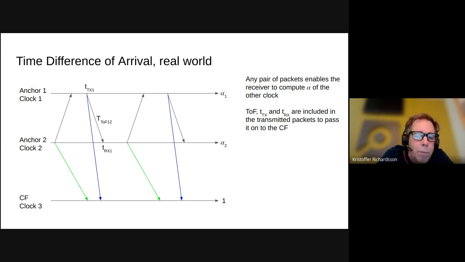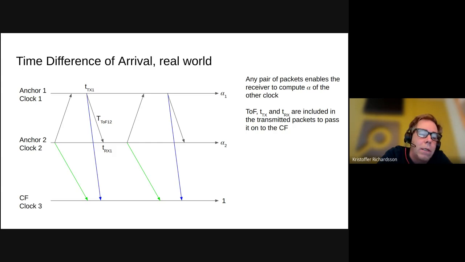So in this picture, we can see the packets that the Crazyflie receives, and we can also see the green pair. This will enable the Crazyflie to calculate the clock, the alpha 2, and the blue arrows will enable the Crazyflie to calculate alpha 1.